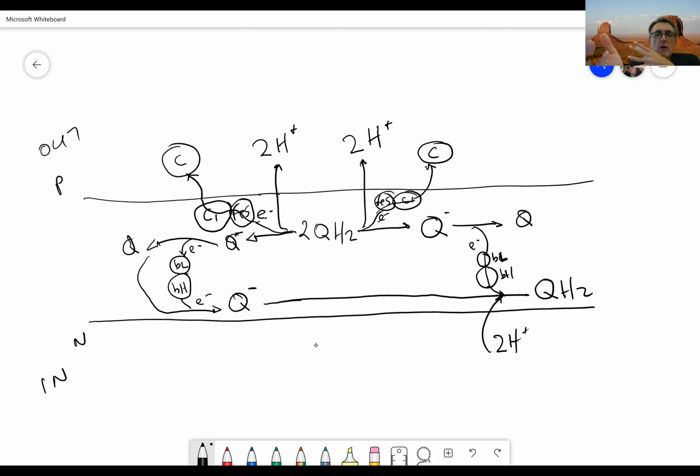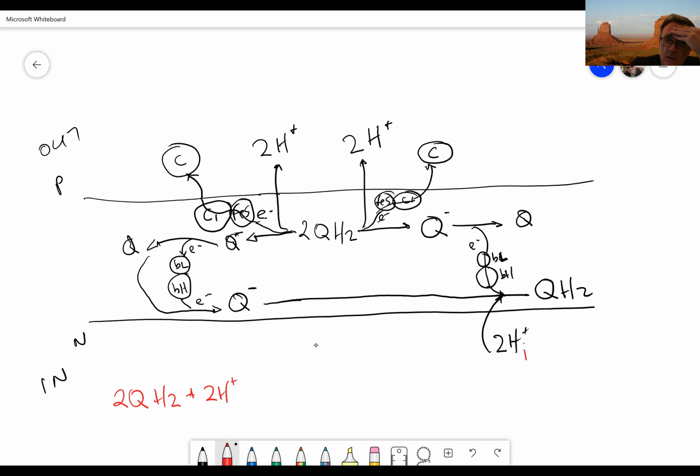If I had not drawn it, you could have figured it out from the slides of the book. So hopefully this is helpful to explain the stoichiometry again. So we'll start with here. Let me write this in red so we can distinguish it. So we have 2 fully reduced Qs, and we got 2 protons from the inside.